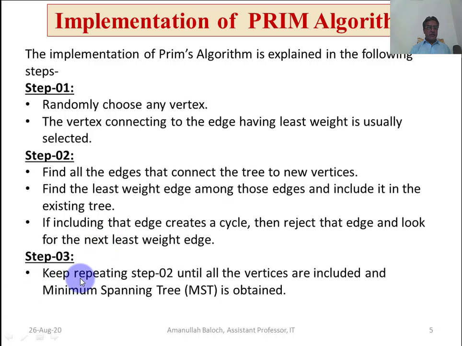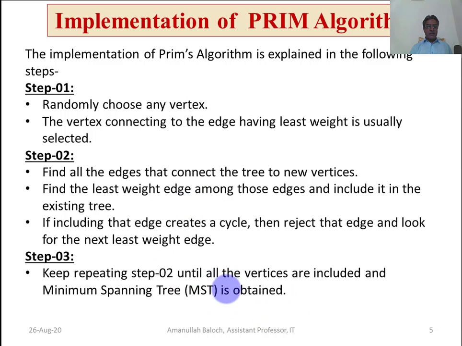Step 3, keep repeating step 2. This step is repeated again and again. That is, adjacent nodes are selected and the least weight edge among them is selected and becomes part of the tree, and then step 2 is repeated again, until all the vertices have been processed.